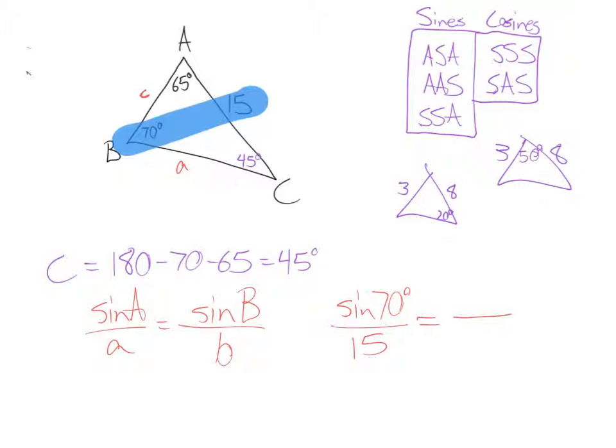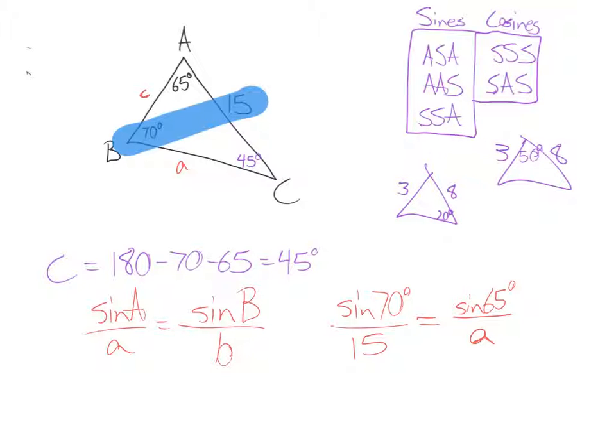what would this side of the equation look like? 65 over A. Very good. Sine of 65 over A. Does everyone understand how we set that up?